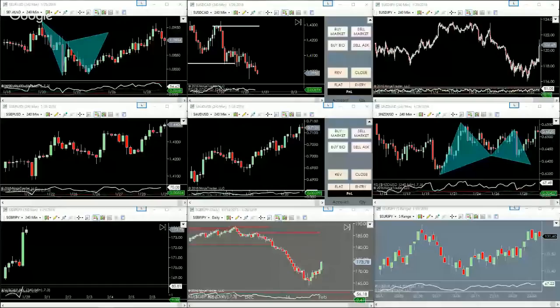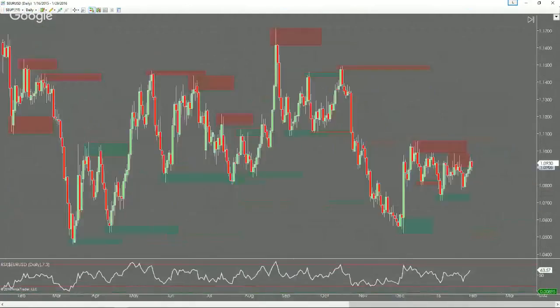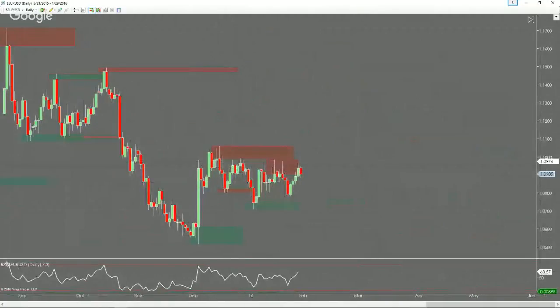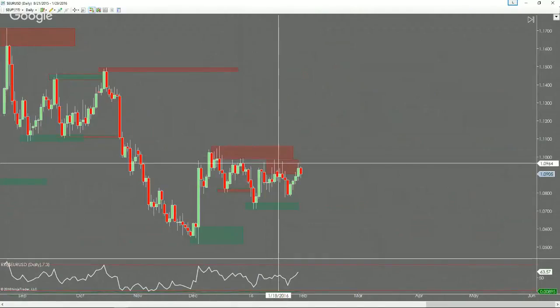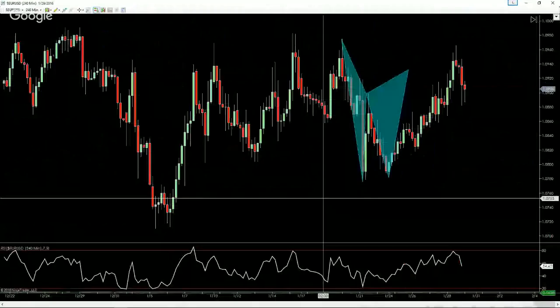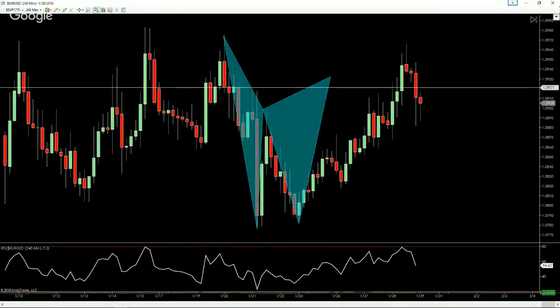Let me just share screen, and there you go. All right, let's start with euro dollar as always. Still about the same, so not getting any higher highs above this structure right here. So let's go down to our 240. On the 240, as you can see, we still have that Gartley pattern.